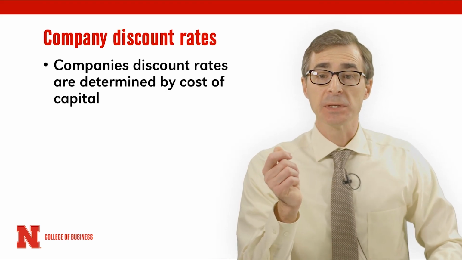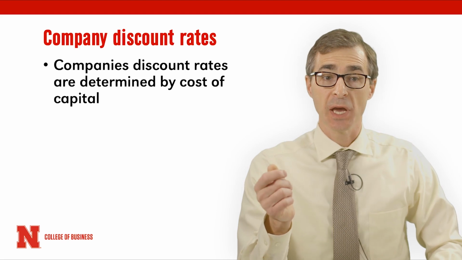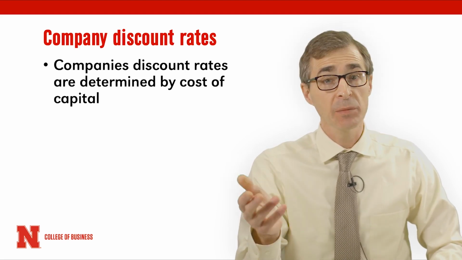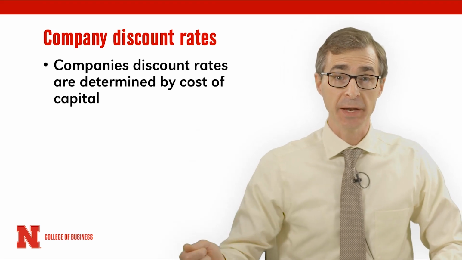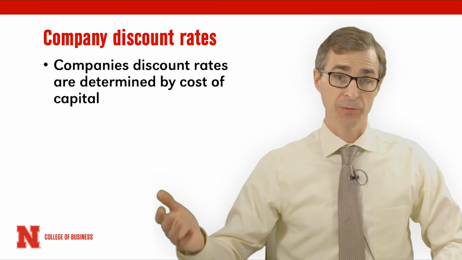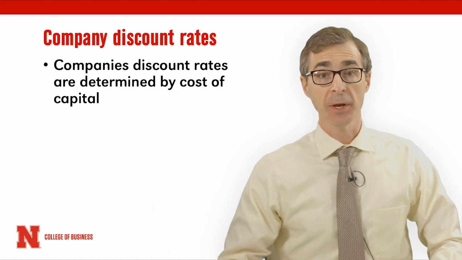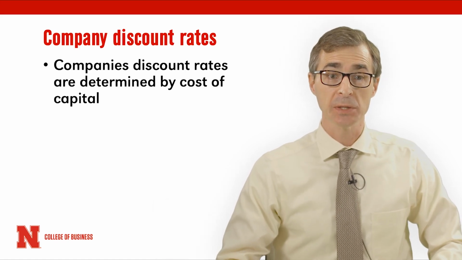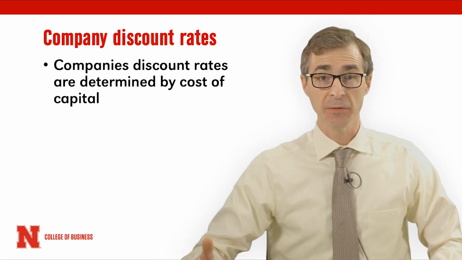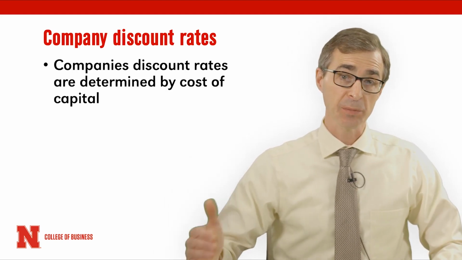Now, companies do use discount rates that are determined by their cost of capital. Their capital can be raised typically from one of 3 sources: debt capital, or bonds that the company has issued, preferred stock capital, or preferred stock that the company has issued, or common equity, or common stock that the company has issued. All 3 of those types of capital have an associated investor, and that investor has an expected rate of return.